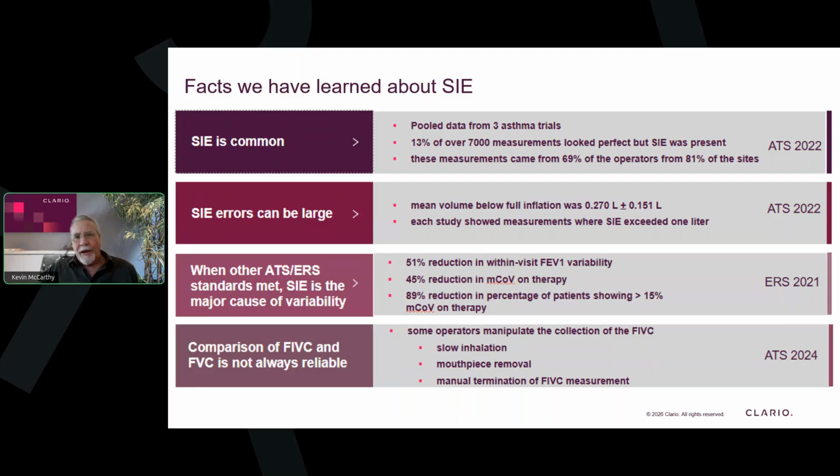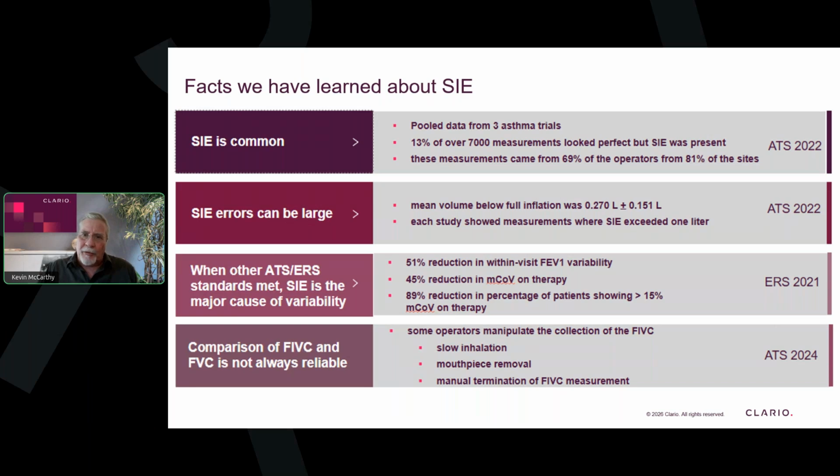But when you added FIVC to the mix, you found out that the forced exhalations didn't start from full inflation. And those measurements came from the majority of the operators at the majority of the sites. Not to say those operators, every measurement they submitted had submaximal inhalation error, but it's coming from 69% of the operators at 81% of the sites, so it is prevalent.